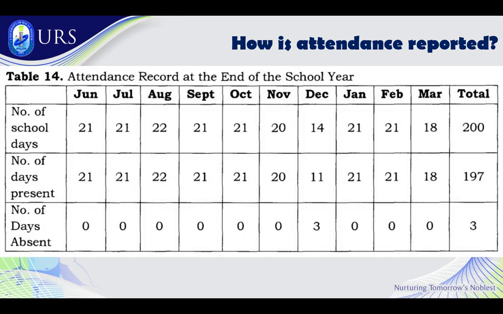Kunyari, ang February is 21 days po ang number of school days, kasi may Saturday and Sunday po yan. So, pag complete attendance po ang bata, 21 din po yan. So, wala po siyang number of absent. Makikita po yan kung ilang beses po pumasok ang bata or ilang beses po umabsent.